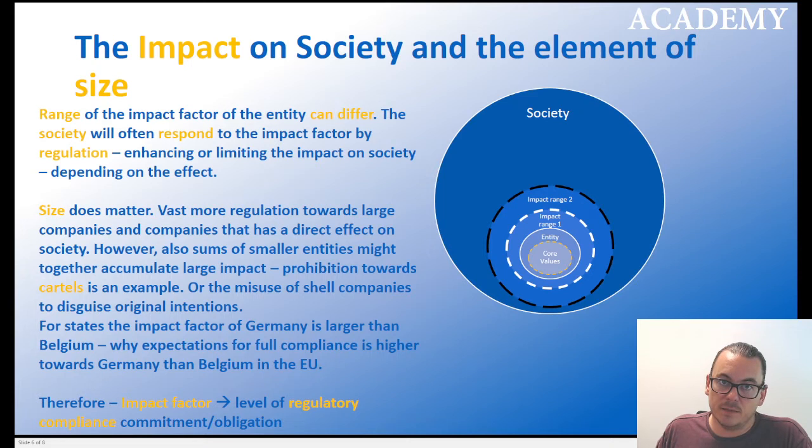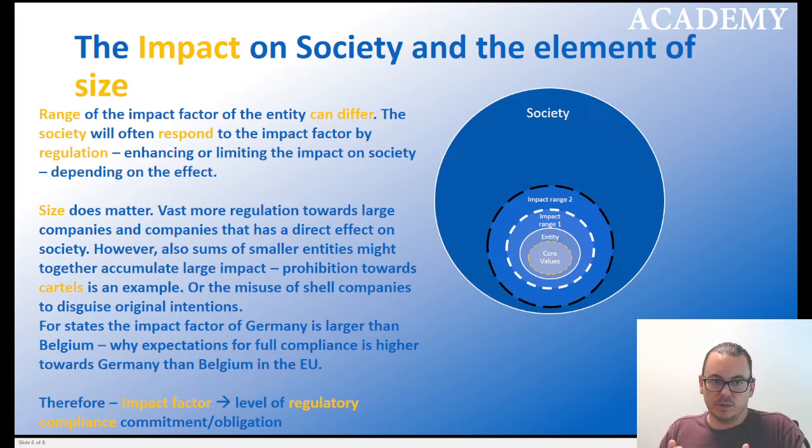Size does matter. And we can see an example of this from the regulatory, old school compliance, in that we do have vastly more regulation towards large companies because their impact on society is greater than small companies. And therefore we must control it in case of some market failure.